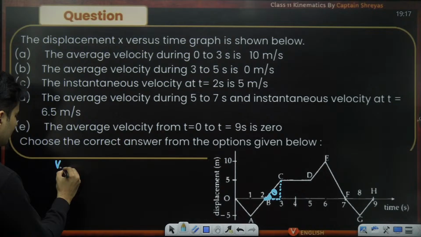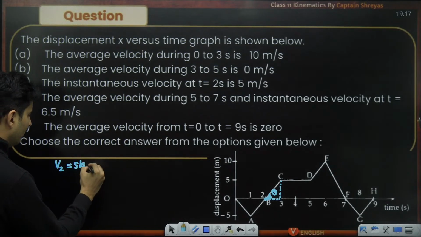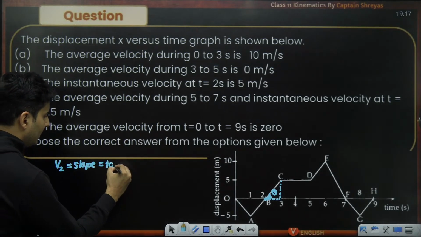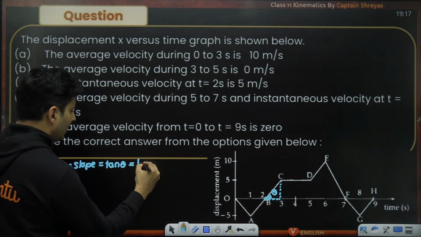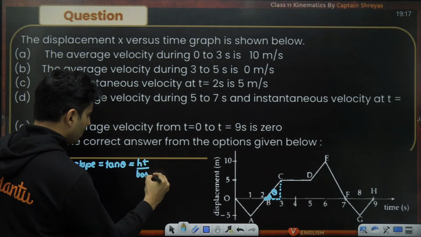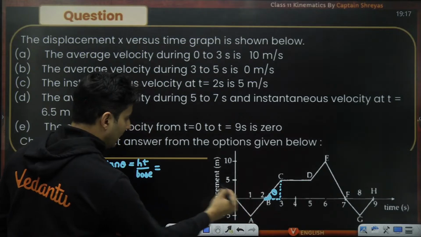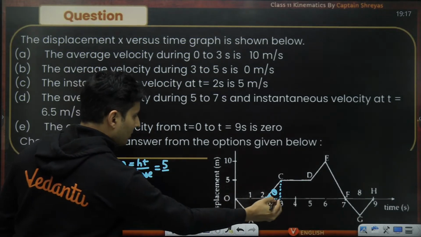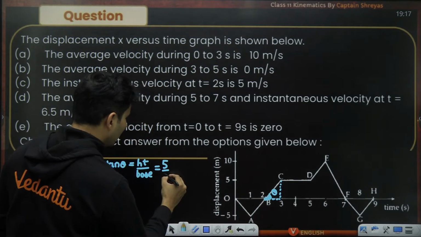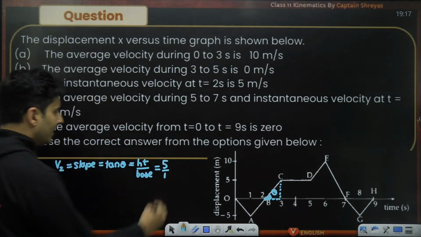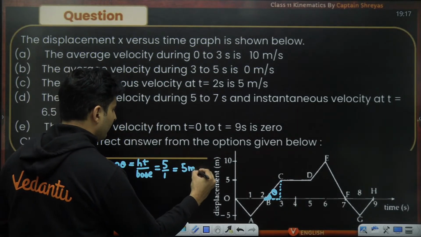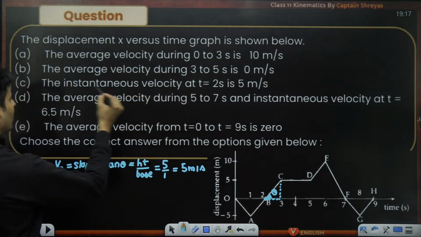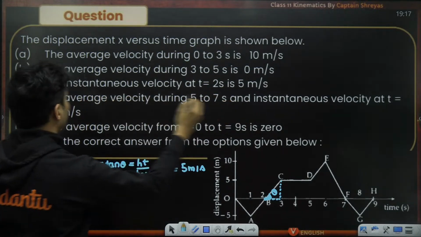So instantaneous velocity is nothing but the slope, which is nothing but tan theta, which is nothing but height by the base of the triangle. Height of the triangle is 5. Base of the triangle, what is this? 2 to 3. It is 1. So that's it. It is 5 meters per second. So instantaneous velocity at 2 is 5 meters per second.